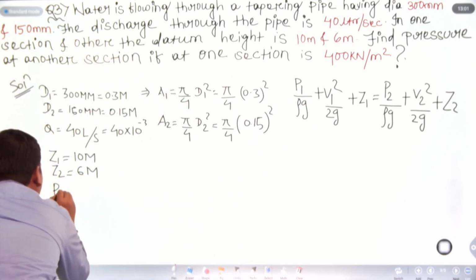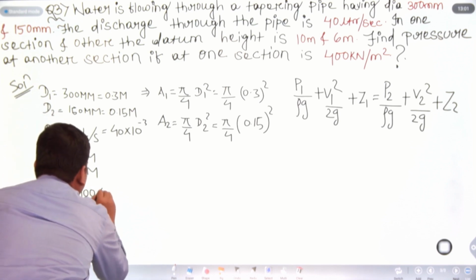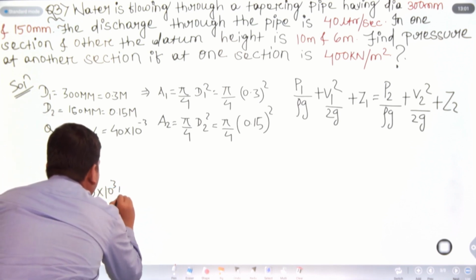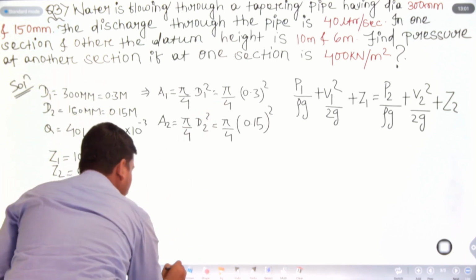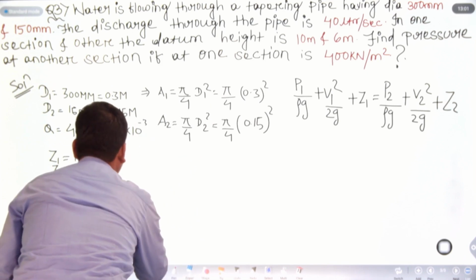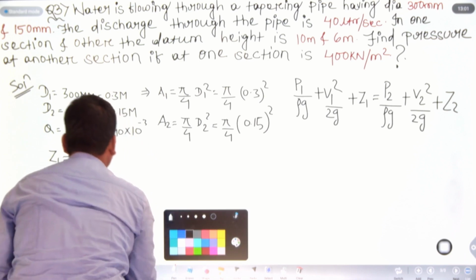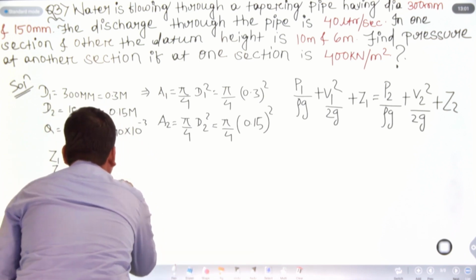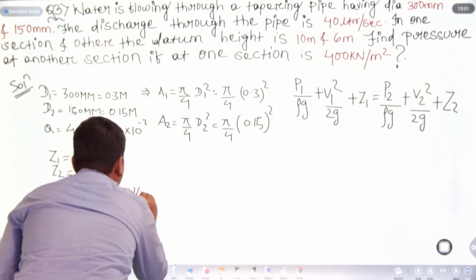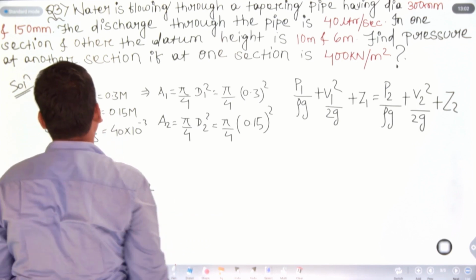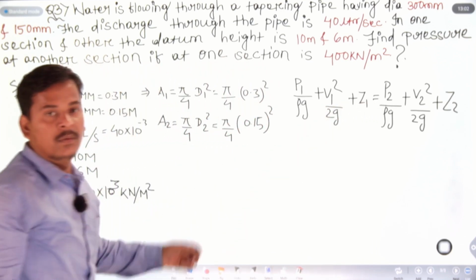That means your P1 is equal to 400 into 10 to the power 3 newton per meter square. Now V1 and V2 value we do not know.